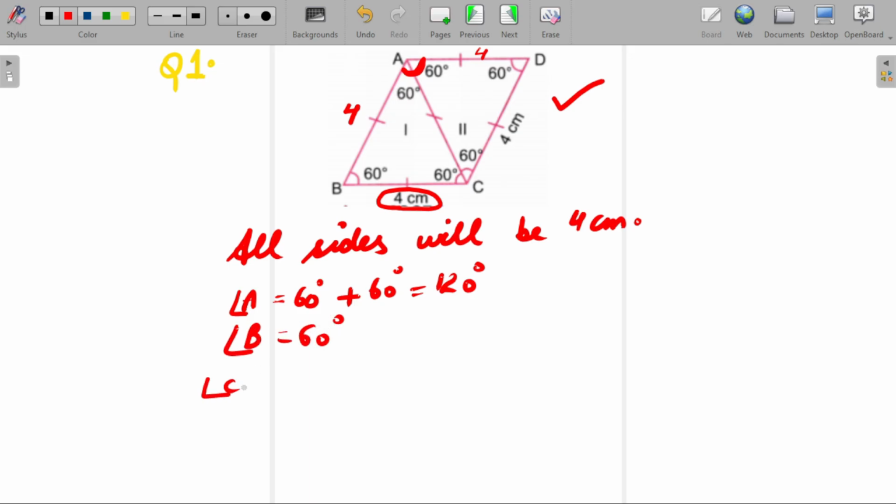Angle C is again 60 plus 60, this is 120 degree. And lastly, angle D is again 60. That is the answer of your first question. I hope this is clear to you. Moving to the next question.